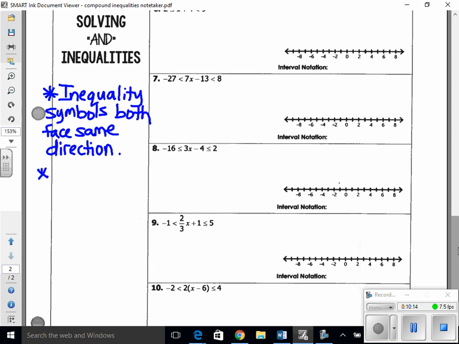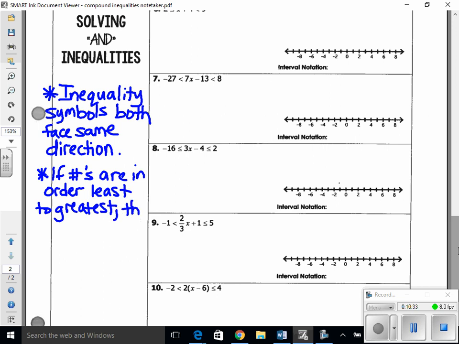And then the second piece that'll help you out: if the numbers are in order, least to greatest, the signs will always be either less than or equal to.